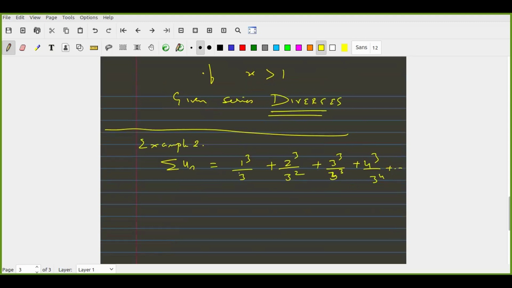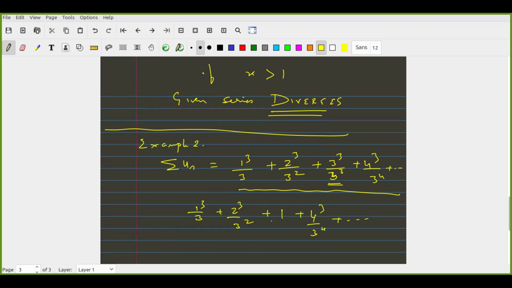Sometimes one may also express it as 1 cube by 3 plus 2 cube by 3 square plus 3 cube by 3 cube plus 4 cube by 3 power 4.